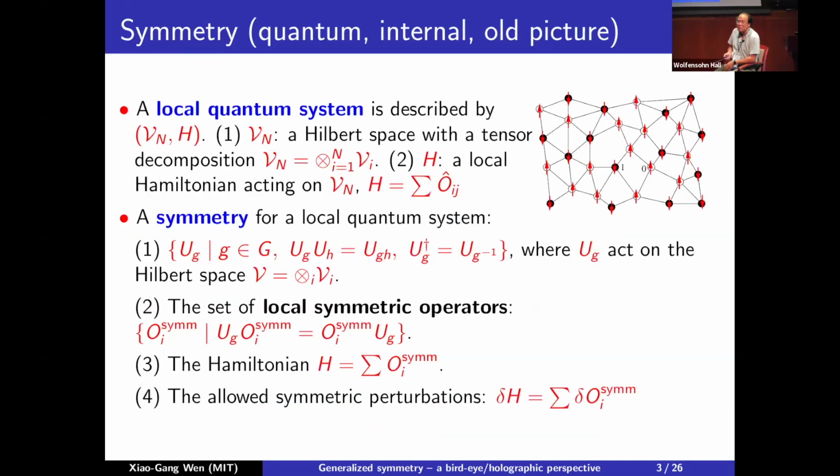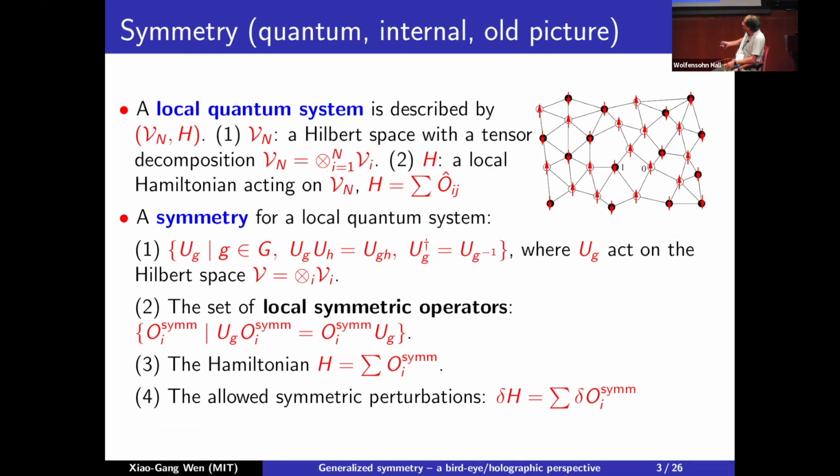So what is symmetry? We know that symmetry is basically given by a transformation, labeled by a group, and this transformation acts on the Hilbert space, which has a tensor product decomposition. Using the transformation, we can define so-called local symmetric operators, which commute with the transformation and which form an algebra.